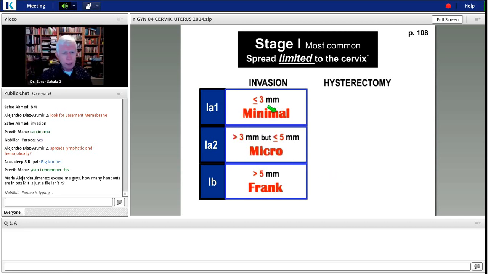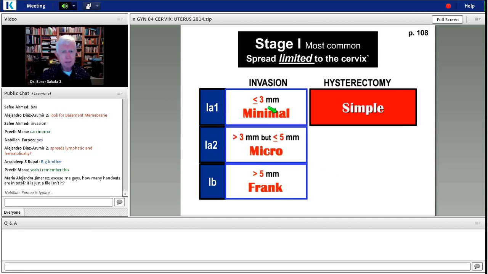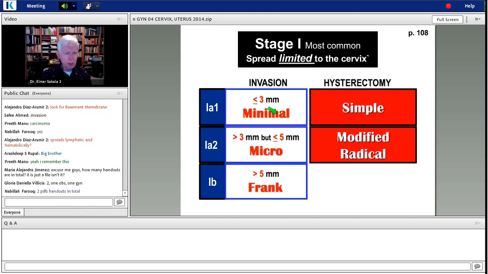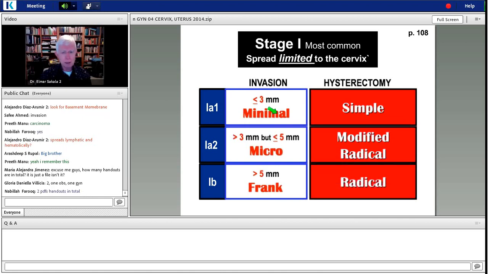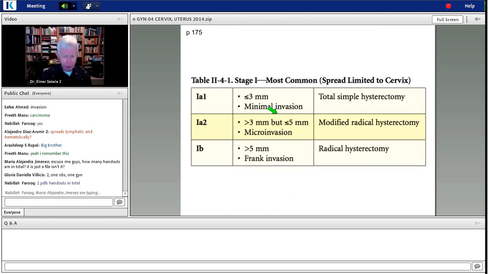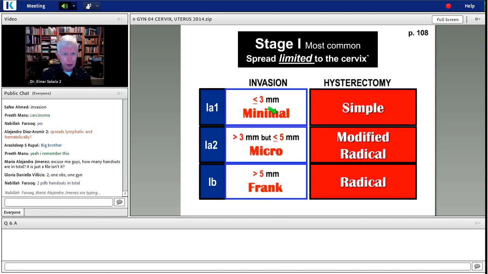Stage 1A1, less than 3 millimeters, minimally invasive, management, simple hysterectomy. Stage 1A2, between 3 and 5 millimeters, microinvasion is going to be modified radical. And stage 1B, over 5 millimeters, frank invasion, radical hysterectomy. And that's on page 175 in your book.